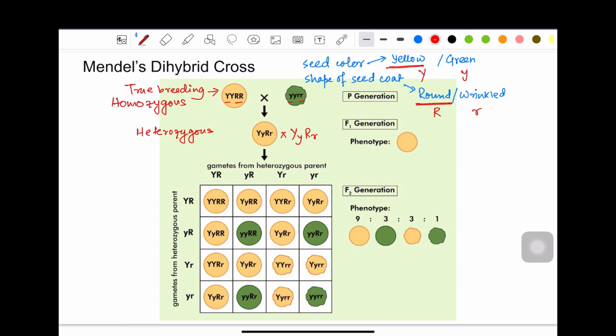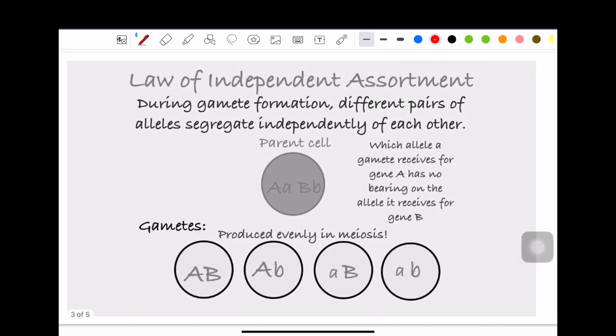I will just discuss this a little bit. The law of independent assortment states that during gamete formation, the different pairs of alleles segregate independently of each other. So if there are two pairs of alleles, for example here in the parent cell, you can see there are two types of alleles, A and B. These pairs of alleles will segregate independently of each other.